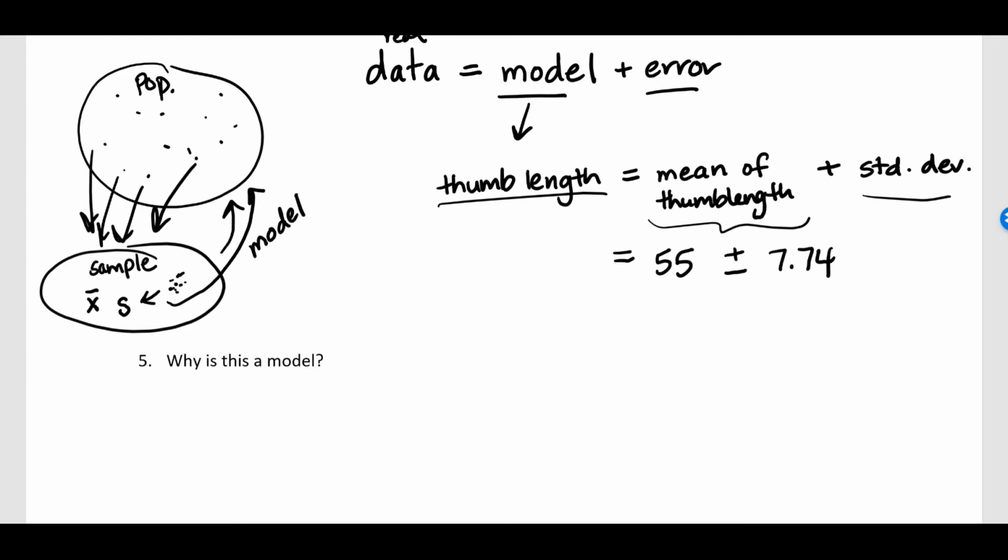So this gives us a range of about, if we were to do the adding and the subtracting, 47.25 and 62.75, right? So this might be our range of good guesses.